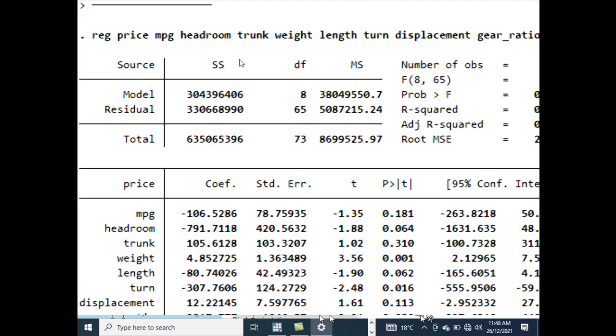The first hypothesis, which is being tested here, is called hypothesis of overall significance. Hypothesis of overall significance. The second one is hypothesis of individual significance.